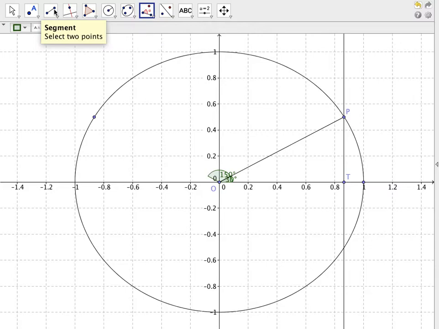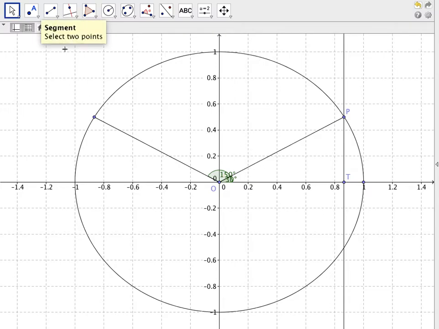Let's create a little line segment to make it easier to see. Going from our x-axis all the way to this line over here is 150 degrees.